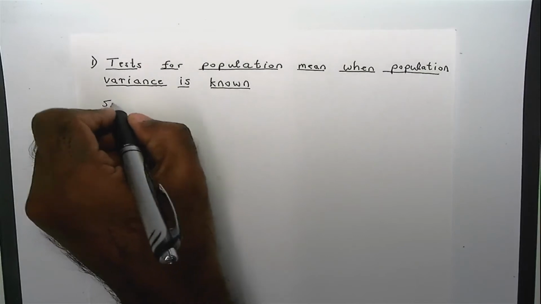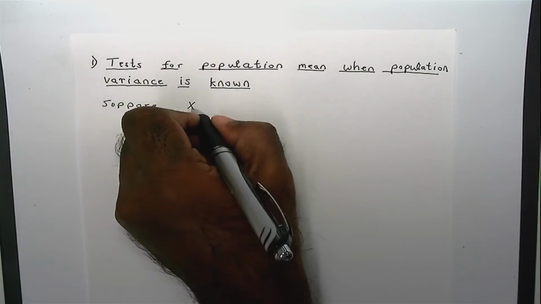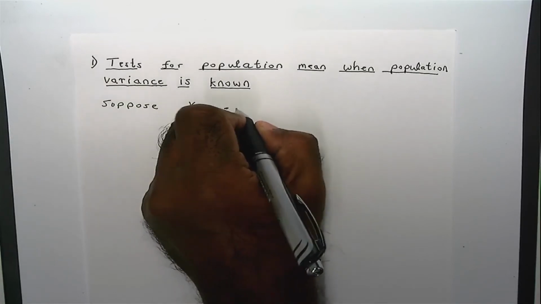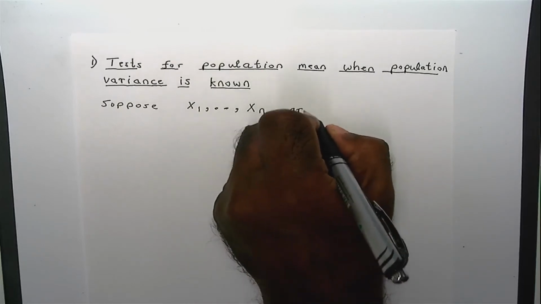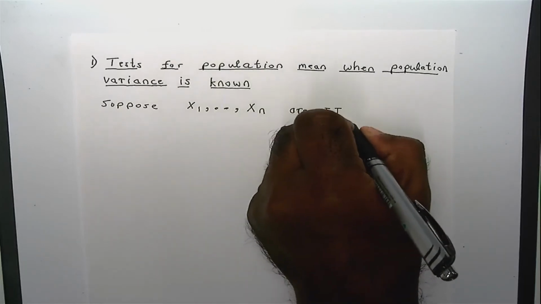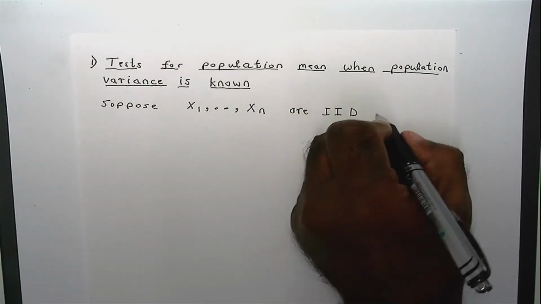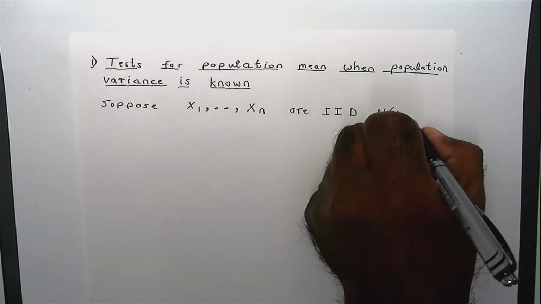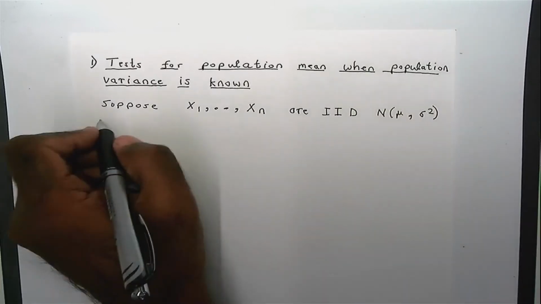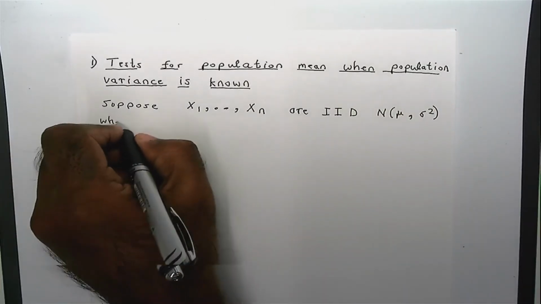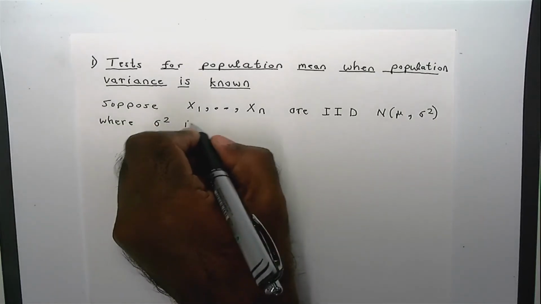suppose you have data, say x1 to xn, assumed to be a random sample. Remember, random sample means it's the same as saying IID, independent and identically distributed, according to a normal distribution with mean mu and variance sigma squared, where I'm going to assume that the variance sigma squared is known.